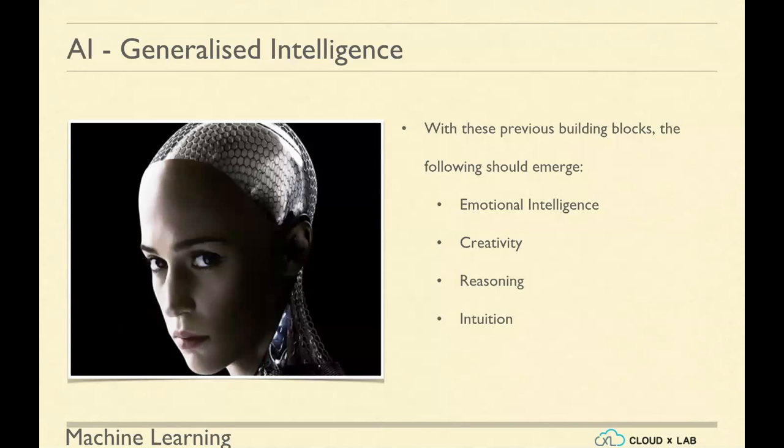Generalized intelligence is like emotional intelligence, creativity, reasoning, and intuition. If you look at the Mario game we played today, we saw that the bot has an intuition around playing the game. That would emerge if the previous building blocks or sub-objectives are met.